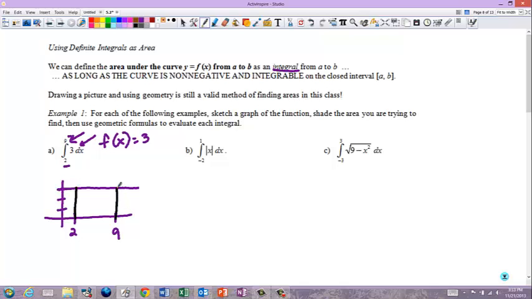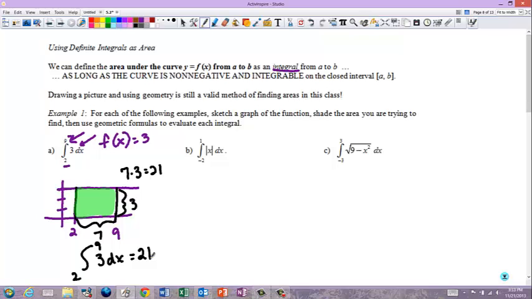Well, it's a rectangle. I have made a rectangle here. So to find the area, I just do length, which is 7, times width, which is 3. 7 times 3 is 21. So the integral from 2 to 9 of 3 is 21.